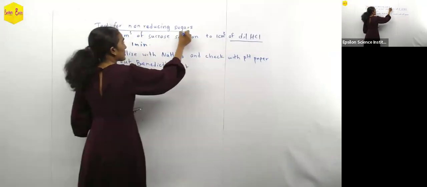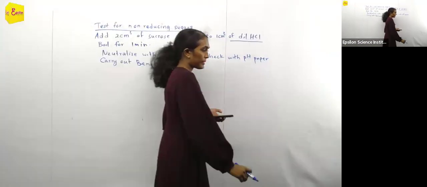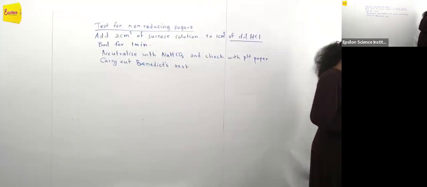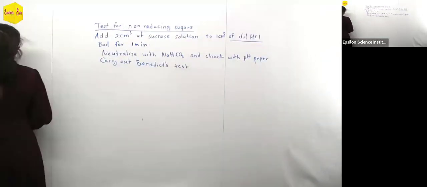So I'm now at this column, okay? Test for non-reducing sugars, procedure I have written here. Then I'll add the procedure for lipids and proteins.